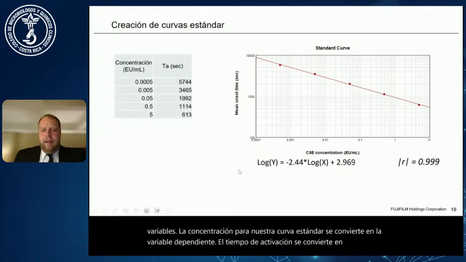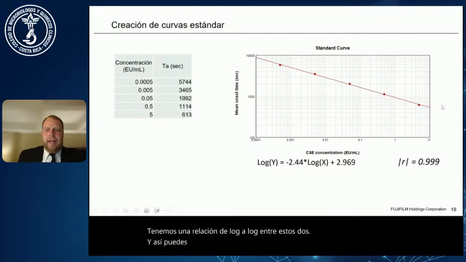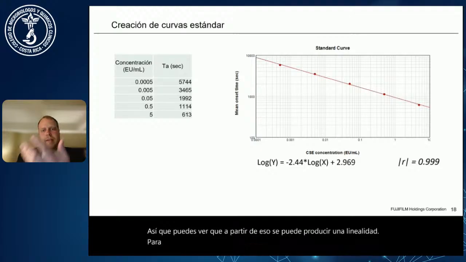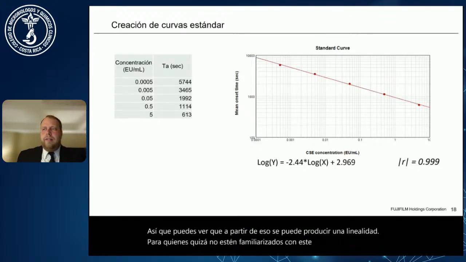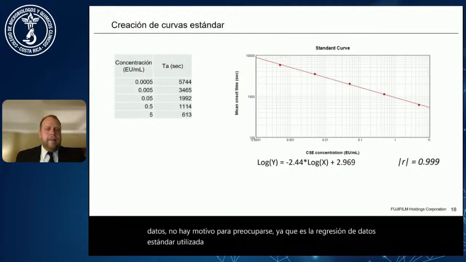We have a log-to-log relationship between these two, and so you can see a linearity can be produced from that. For those of you who are maybe not familiar with this form of data regression, there's no need to worry, as this is the standard data regression used by the kinetic endotoxin testing methods.